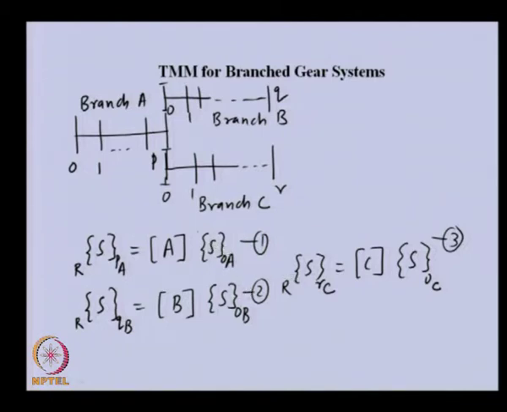Basically, we will try to satisfy the boundary conditions which are there here or here or here or at the junction point. And for these rotors, we are assuming, as we did earlier, that they are mounted on frictionless support. So, they can have torsional motion like this. So, let us start with the branch A.